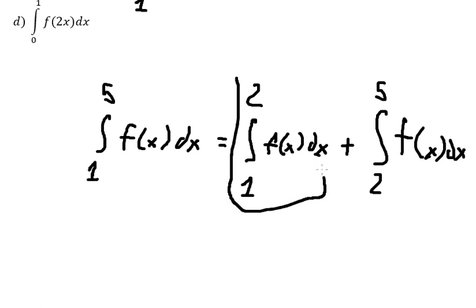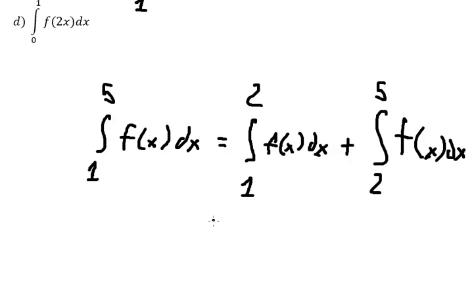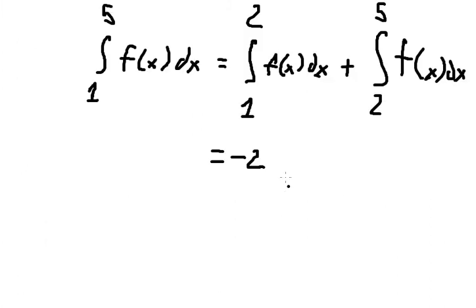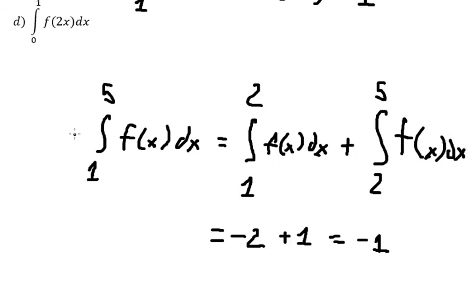This integration, we have negative 2. This integration, we have negative 1. Now we have negative with negative 1, so we have positive 1, and this is the answer C.